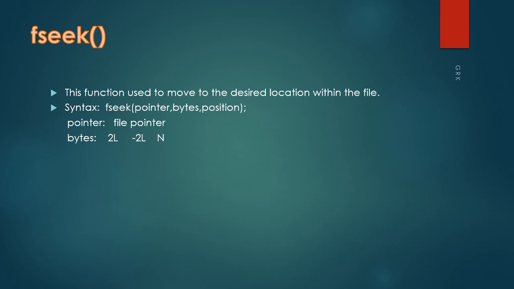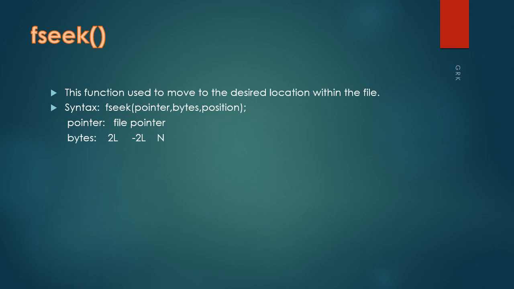In the second example I have taken minus 2L. That means I am trying to move backward by 2 bytes, followed by the L, which represents long. Similarly, instead of writing the number, we can also write a variable name. Here I have taken capital N. Into that N, we first have to read the value of how many bytes we want to move by using a scanf statement.